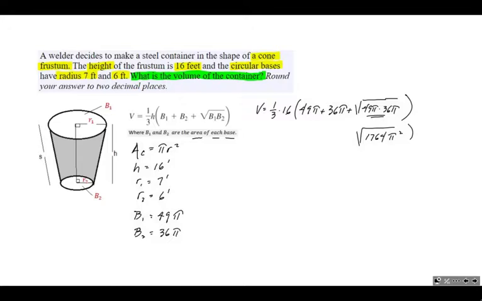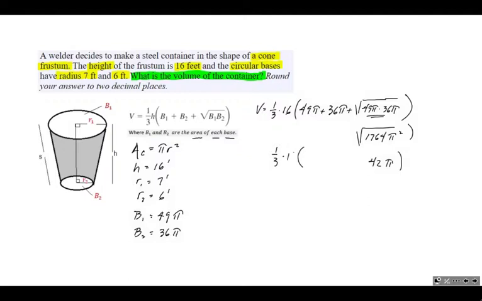Now let's try to get rid of that radical. We can do the square root of pi squared, which is just pi, and the square root of 1764 turns out to be a nice round number. It's actually 42.